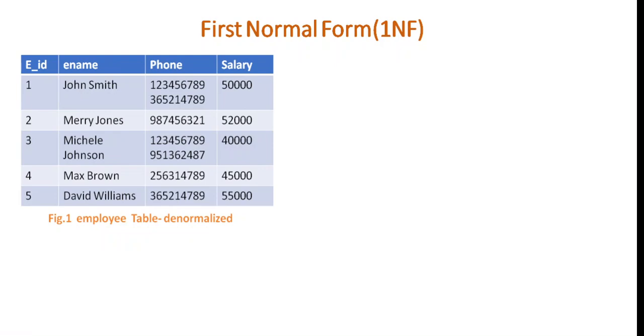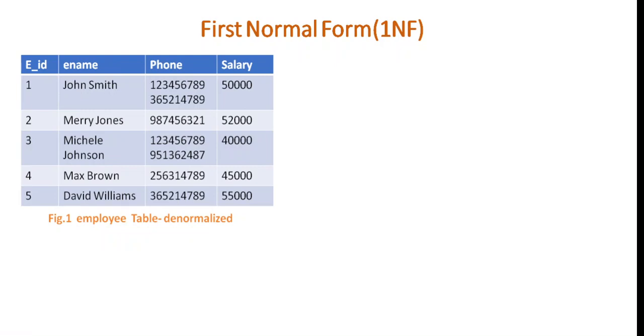The first employee has the name John Smith, the second has Mary Jones, meaning it is a combination of first name and last name, and both values are stored in a single cell by using a single attribute, name. Then the next attribute is phone number. Phone number is a multi-valued attribute, that is, one employee may have more than one phone number.